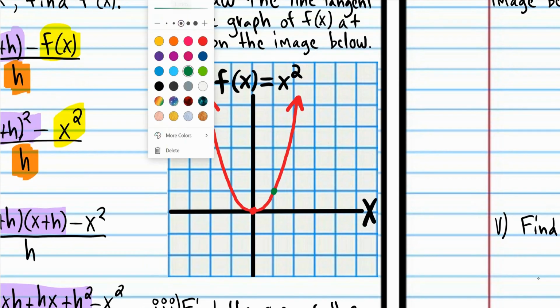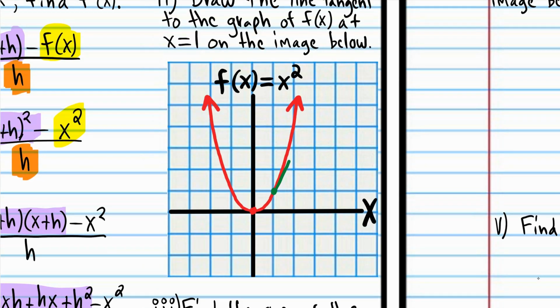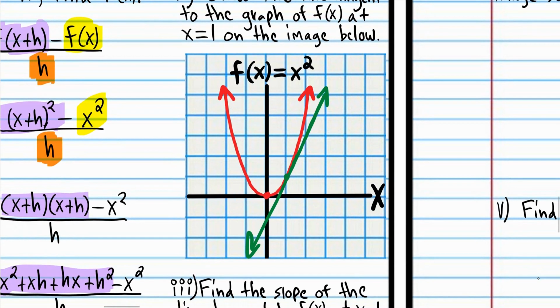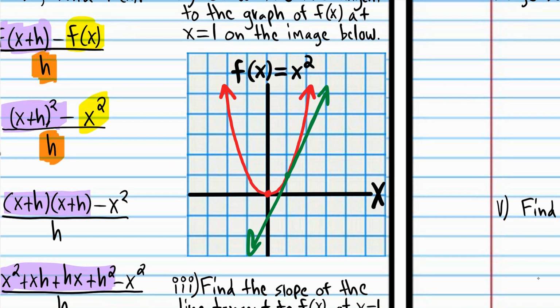So the tangent line is the line that just touches the graph. It touches that point, but it doesn't touch any other points around that point. That is the tangent line, and the slope of that line is what we interpret as the instantaneous rate of change of the function at that point.